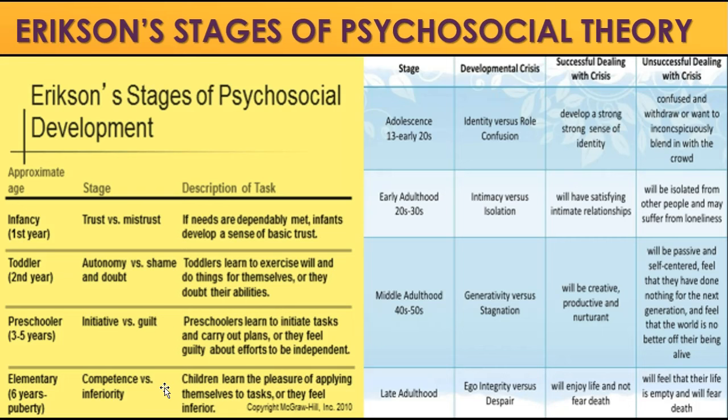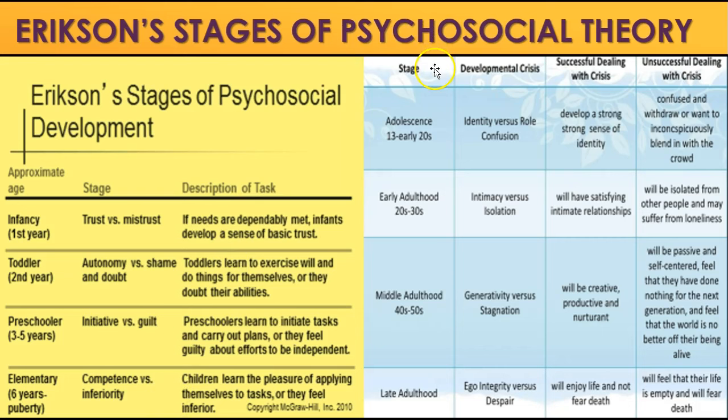They like to be able to think that they can do it and they can accomplish, or they do feel embarrassed and inferior if they can't accomplish. So this is a very critical stage that children go through. This is the elementary school years, puberty, competency versus inferiority.